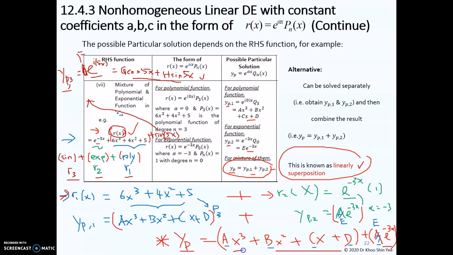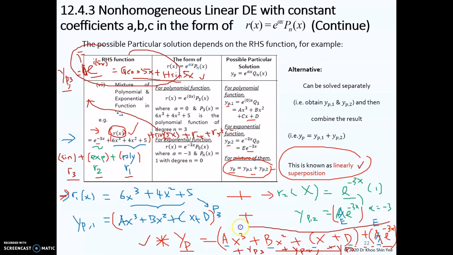So you need to add the Yp3 inside here. So this is our new particular solution. If you add more terms to the Rx function, for example R4, R5 and so on, then similarly we can add the Yp4, Yp5 and so on to the equation.